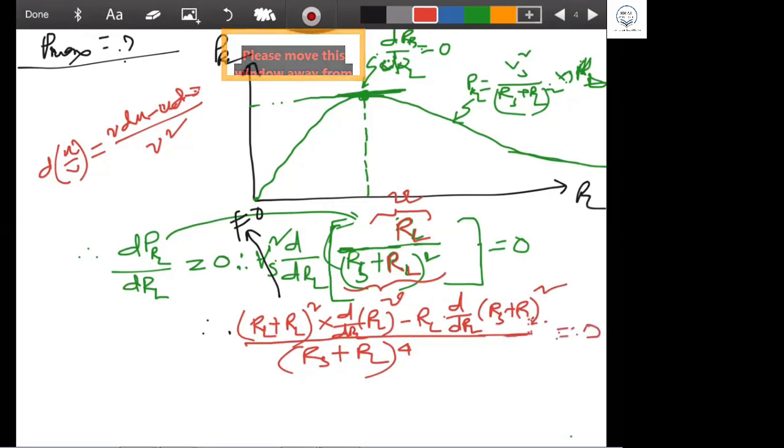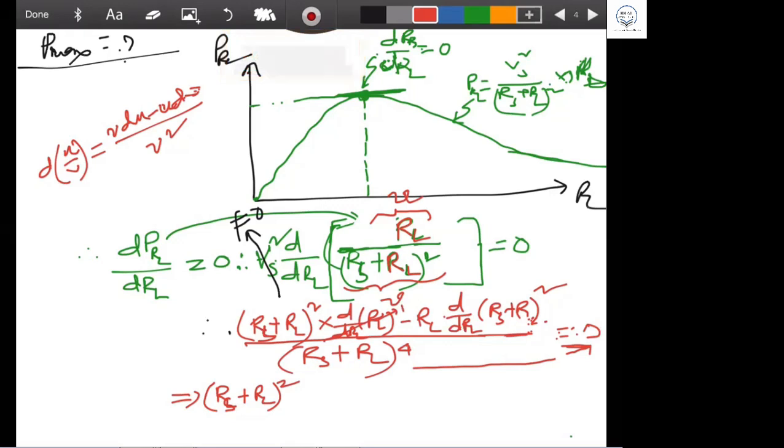Then the denominator cancels out, and we get (RS plus RL) whole square, and d/dRL of RL is 1, minus RL times the derivative.